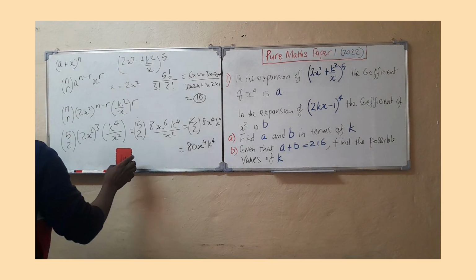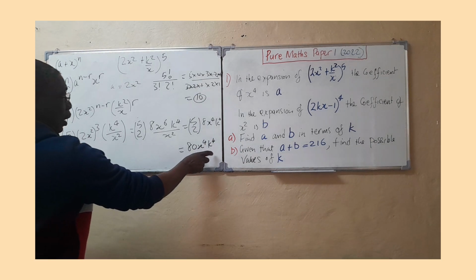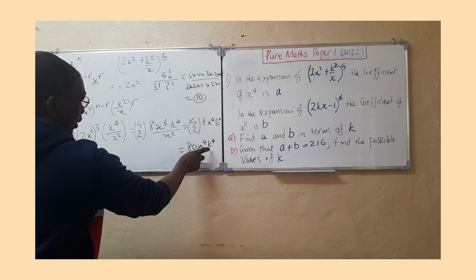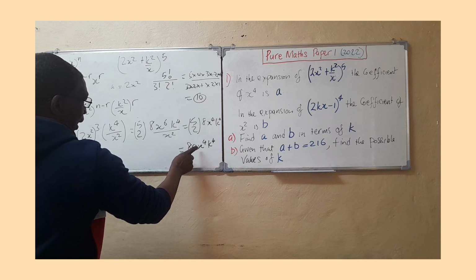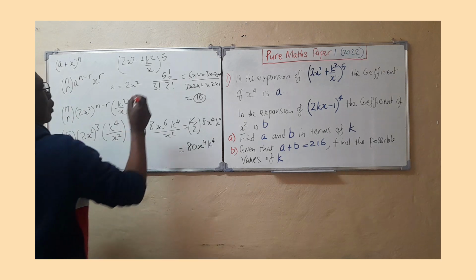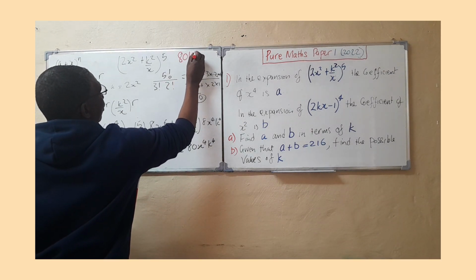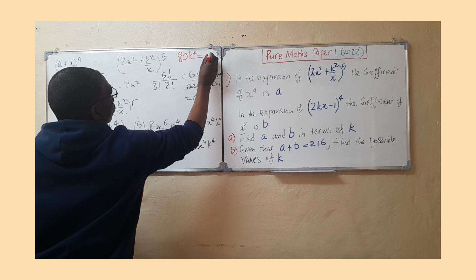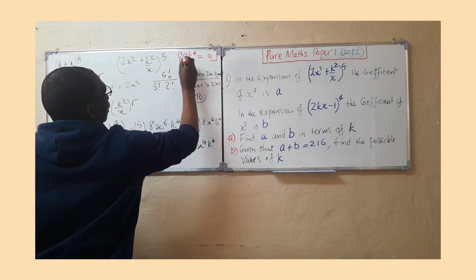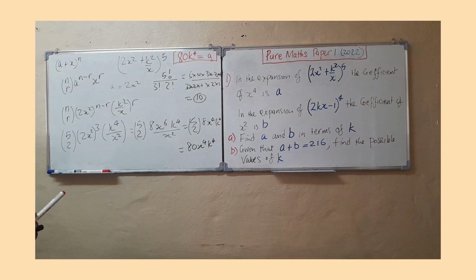So we can write there in our box, let us write it in red: we have found that the coefficient of x to the power 4 is 80k squared, so we can write here 80k squared is equal to a. Okay, all right. So we are done with the first one there.